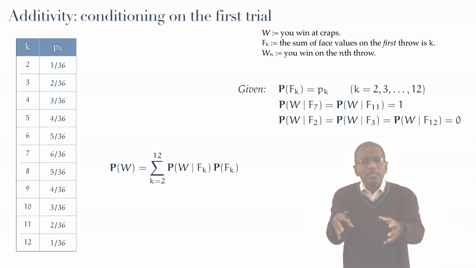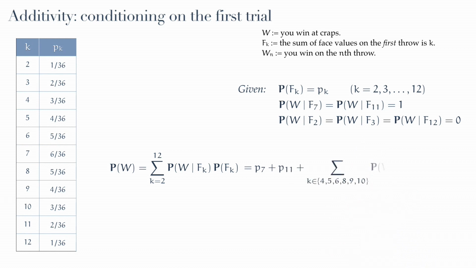Now we can fold this into our total probability equation, and the terms corresponding to k equal to 2, 3 and 12 will vanish quietly like the snows of yesteryear. They contribute nothing to the sum because the conditional probability in those instances is identically 0.